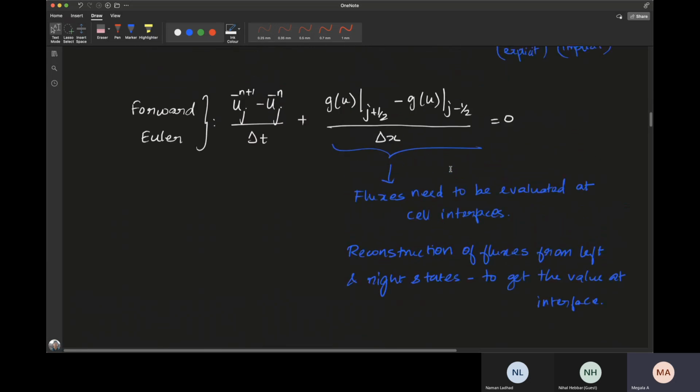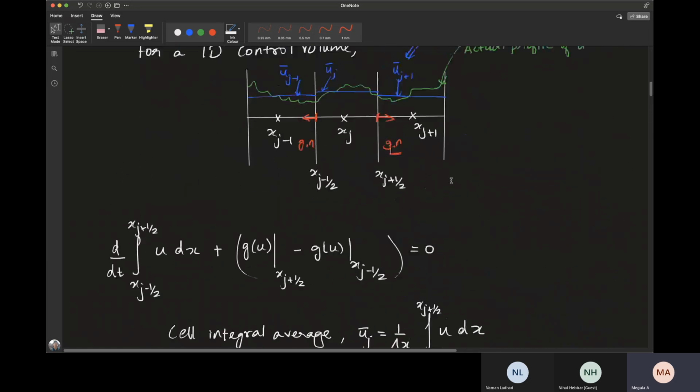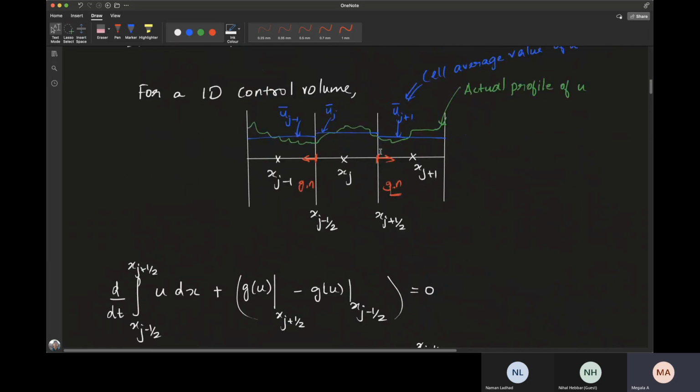Some people do reconstruction of fluxes from both left and right states. So g at xj plus half will depend on both xj and xj plus 1. That is u at xj and u at xj plus 1.